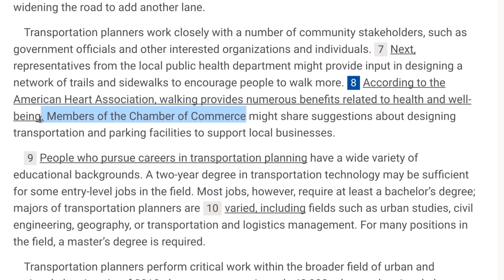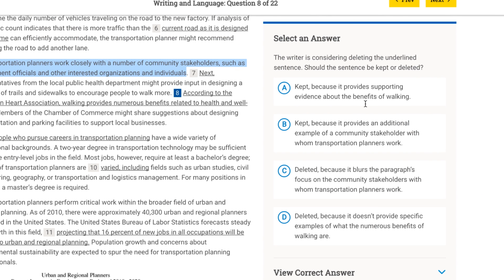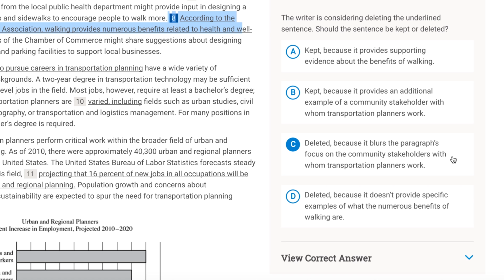Again, do you see how these people work into this idea of community stakeholders? Do you see that? Here in this sentence, I have human beings in the community and they work into this idea. This sentence, though, seems like a random fun fact about the healthiness of walking. So I think that's totally random and it should be deleted.